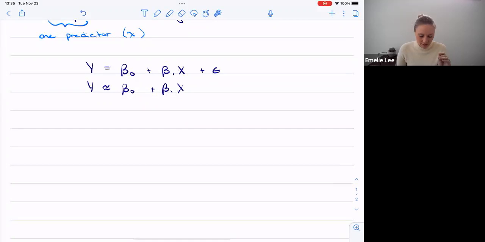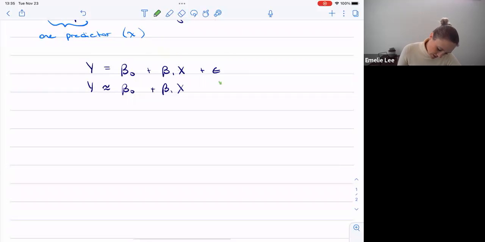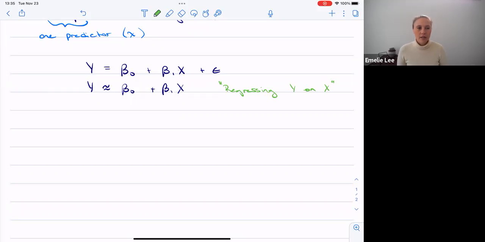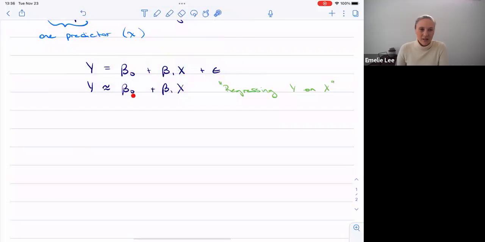Now this might look familiar, and before I move on, I just want to say that we can say that we're regressing y on x. That's another way that we can describe this relationship. But this might look familiar from probably Stat 230, just a straight line, right? The equation of a straight line, y equals mx plus b.